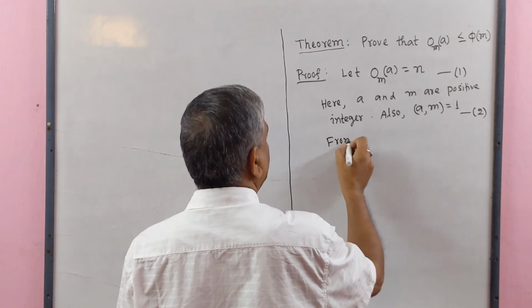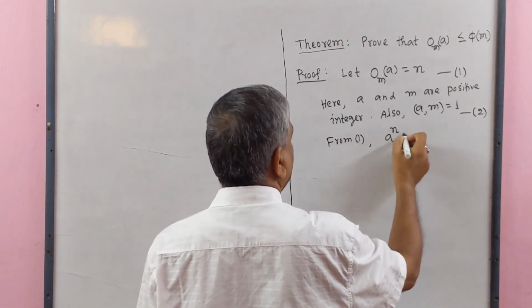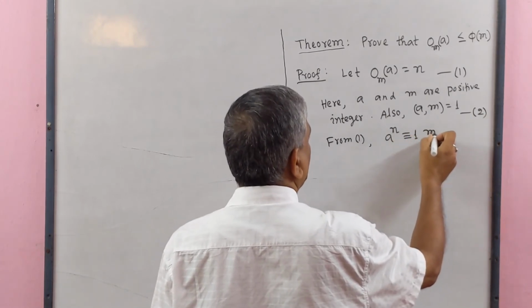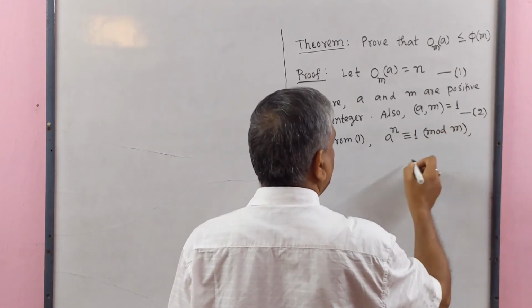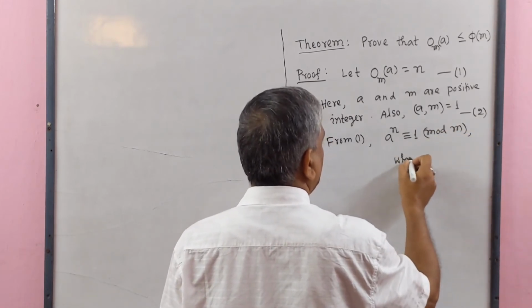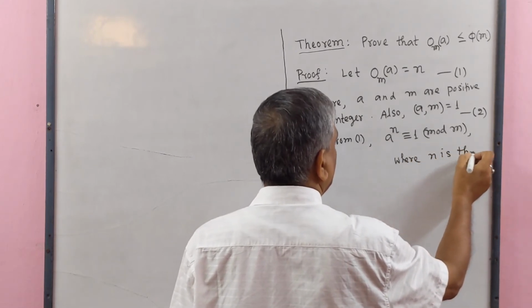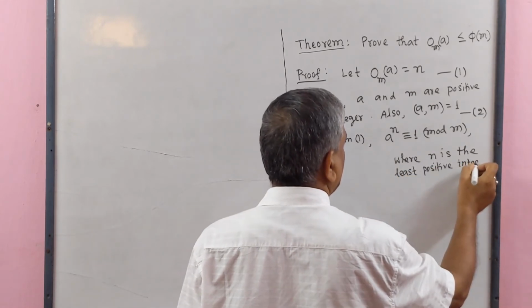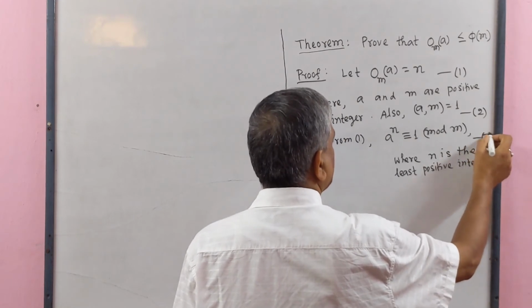From 1, a to the power n is congruent to 1 modulo m, where n is the least positive integer. This is number 3.